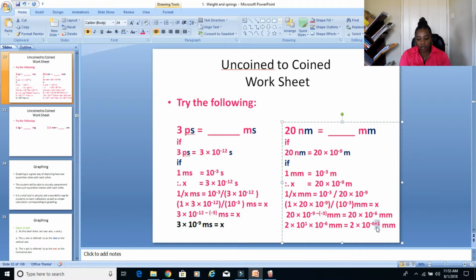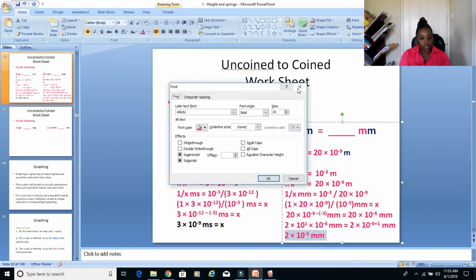Okay, so in the end we end up with 2 times 10 to the negative 5. 2 times 10 to the negative 5. Right? Yay! And that, my dears, is our final answer.